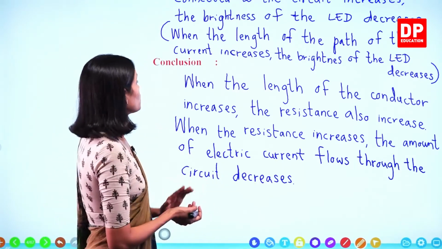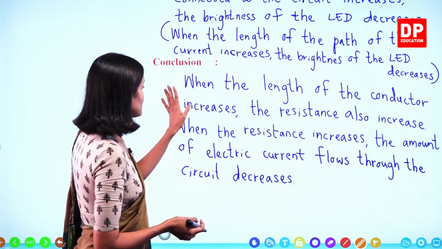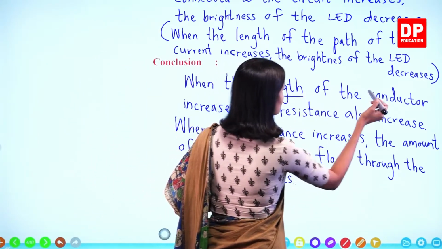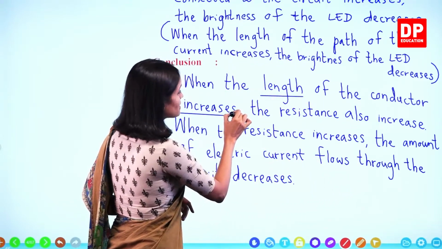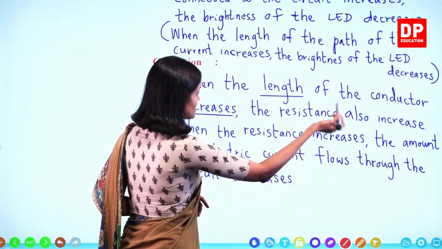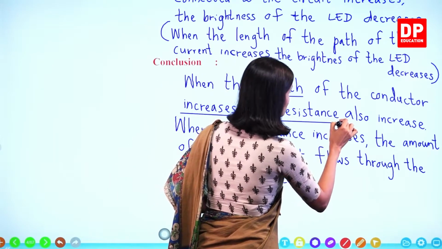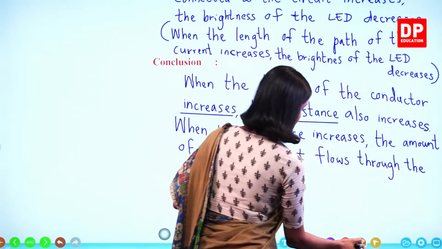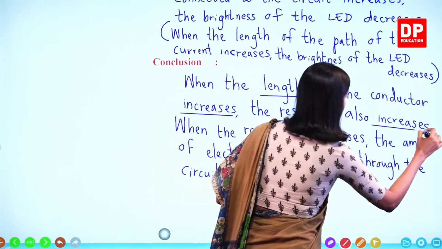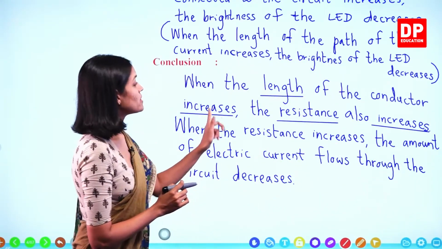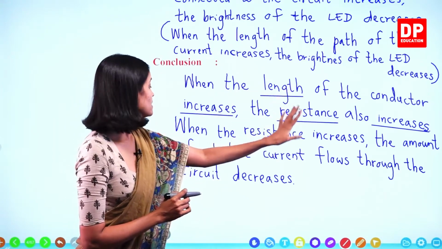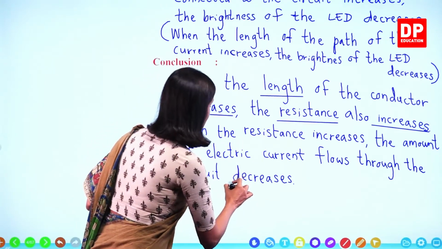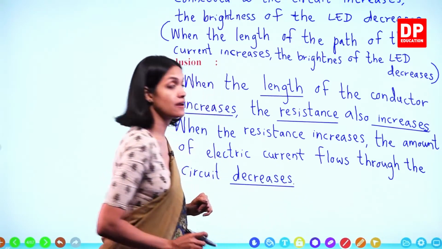Right, children? When the length of the conductor increases, the resistance also increases. Right, children? When the resistance increases, the amount of electric current that flows through the circuit decreases. Right?